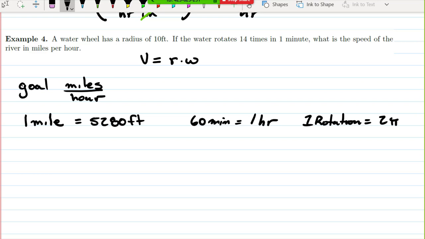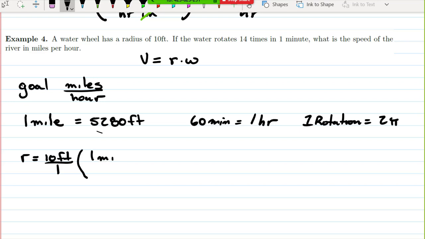So we need to convert our R and our omega into the appropriate units. So we start with our radius R. The radius of the water wheel is 10 feet, so we'll make it a fraction over 1. But our goal is miles per hour, so I need to convert feet into miles. So I have my conversion, or my equation right here, 1 mile equals 5,280 feet. Since I want to reduce feet out, feet need to go in the denominator.